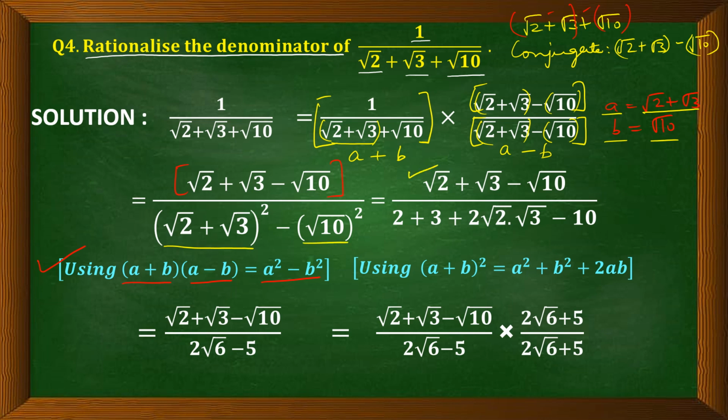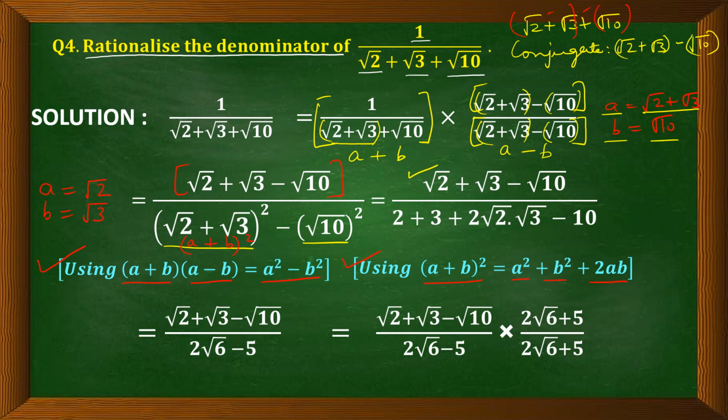In the numerator again the same conjugate will follow, and over here if you observe we can use another identity, because here you can see it is A plus B whole square, where we can say our A is root 2 and B over here is root 3. So I can use the identity A plus B whole square, which is equal to A square plus B square plus 2AB.